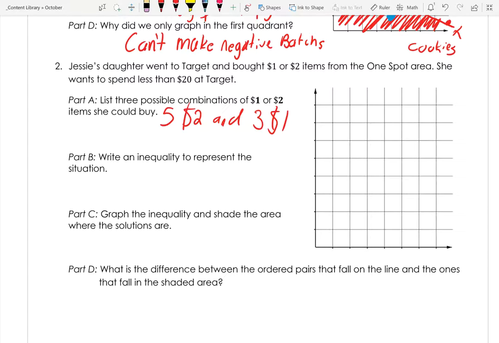Okay. But if you want a combination that does use exactly 20, then maybe we can say 5 $2 items and 10 $1 items, because that would be $10 here, and this would be $10 here, which would be $20 in total.